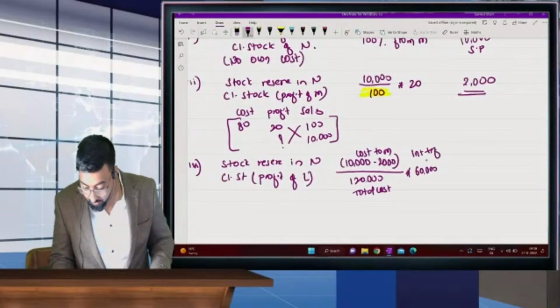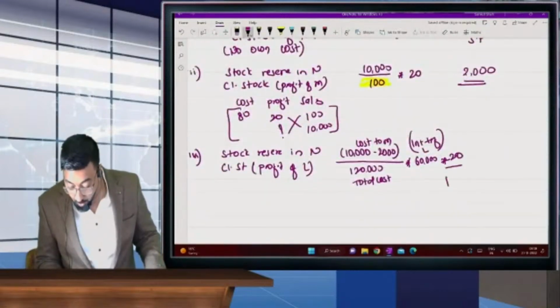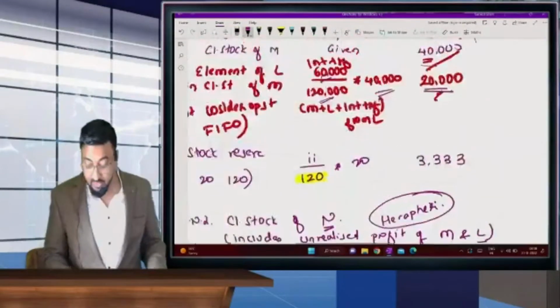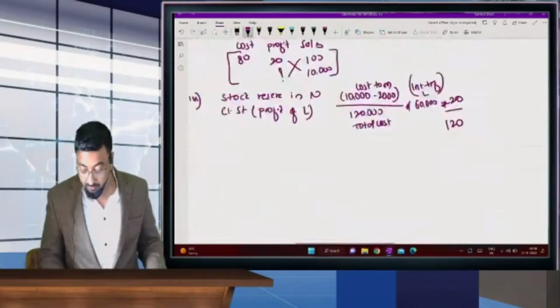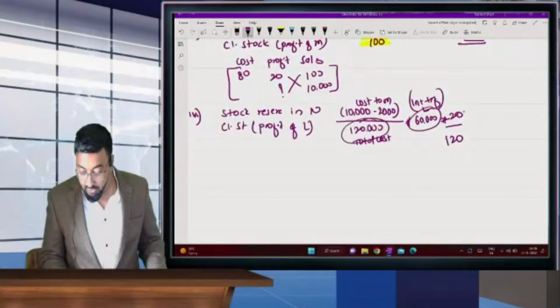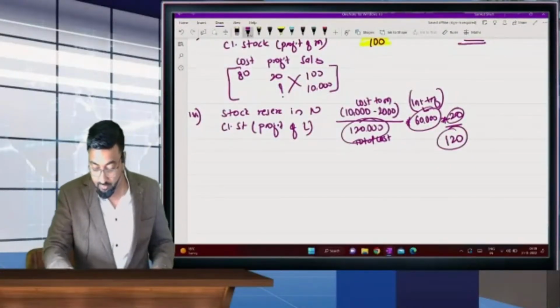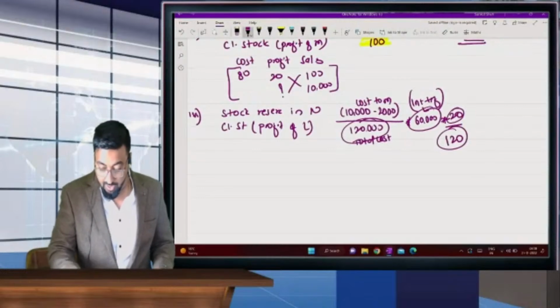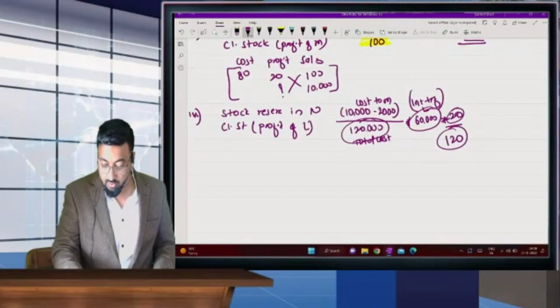Internal transfer from L. Similar calculation. Into 20 upon 120. Same. 60 upon 120 into 20 upon 120. And cost to M is 10,000 minus 2,000 divided by 120 into 60 into 20 upon 120. Okay.